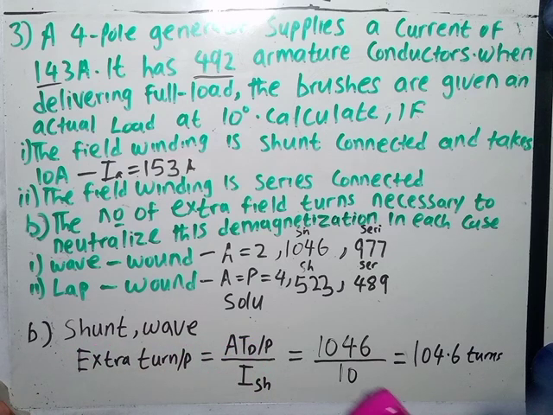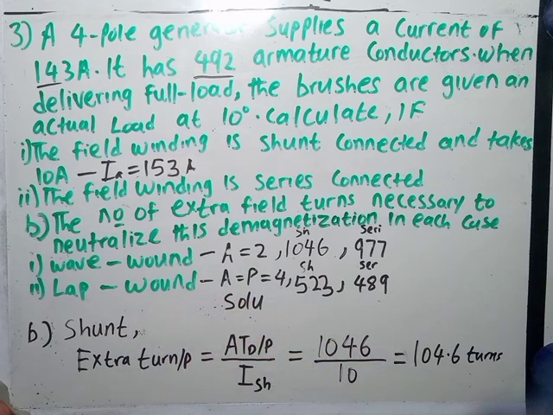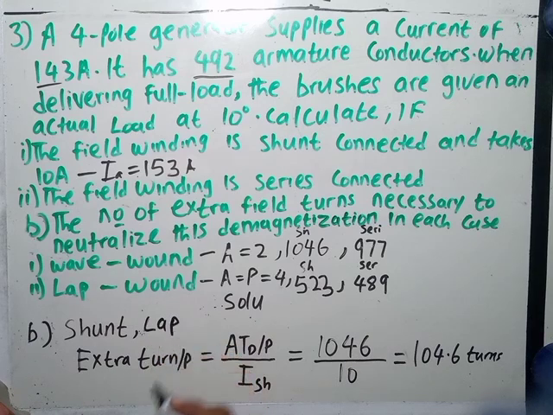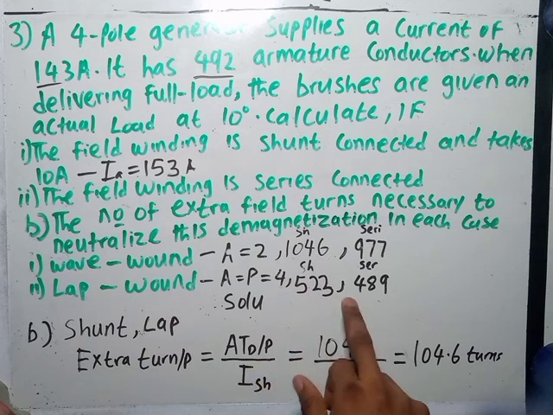This is our answer. Now for the shunt lap, will anything change? Yes. For the shunt lap, we got that our ATD to be 523.